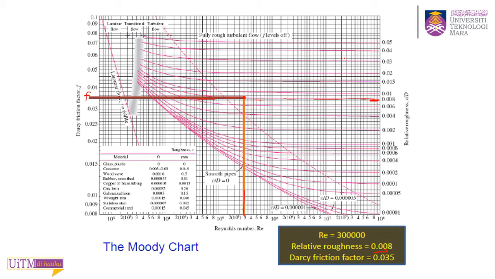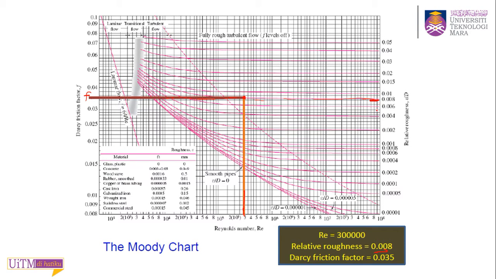In the exam, you will be provided with this Moody chart, but if you want to do exercises or tutorials, you need to have your own Moody chart. So you have these purple lines. If your value is on a purple line, that's fine. You just follow the line and see where the intersection is.